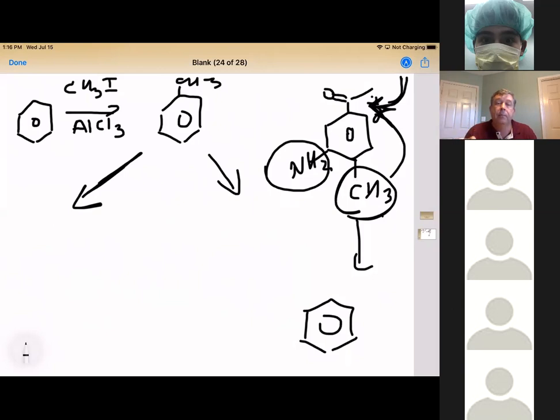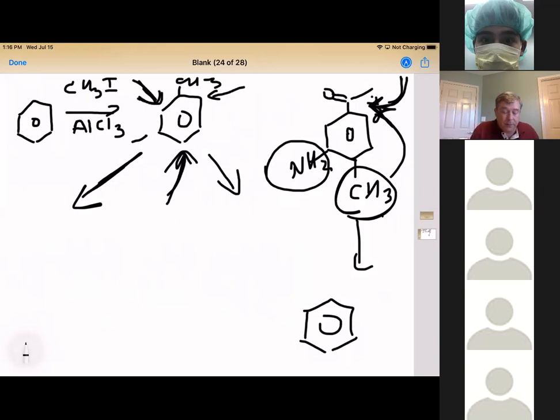Okay, but if we did the nitration first, it would nitrate here or here, but the para would be the predominant product. Okay, so that means we can't nitrate now because we want the nitro group on these ortho positions. So we need to block that para position.